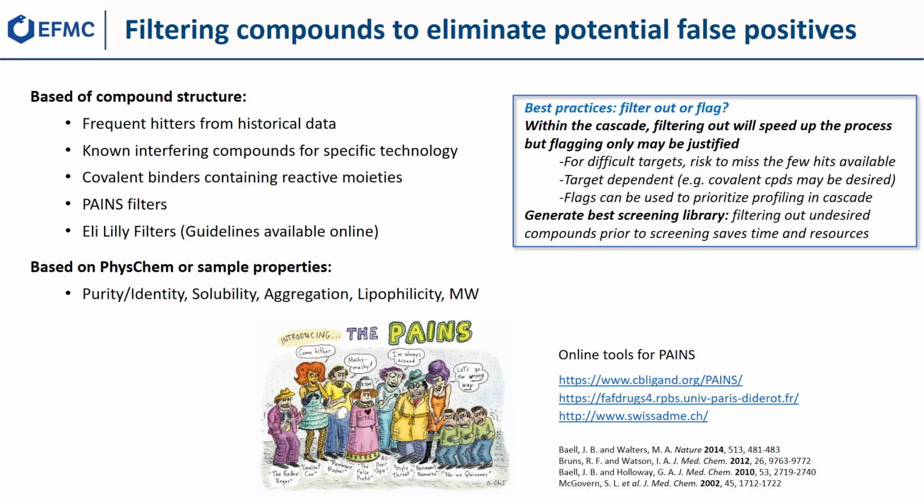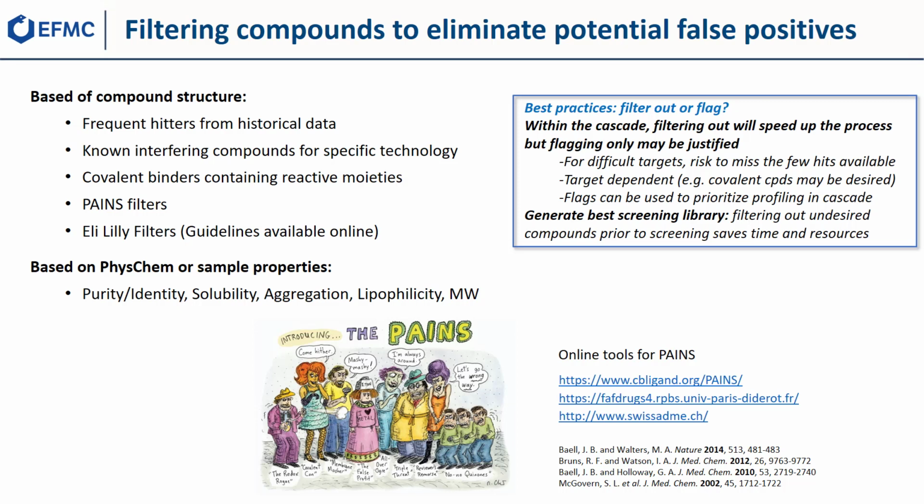For example, for difficult targets, if you only have a few hits, you risk missing them. It's always target dependent. We talked about reactive compounds, but if you're actually looking for covalent compounds, then you for sure should not discard them. And flags will not discard the compounds, but they can still be used to prioritize profiling in the cascade.